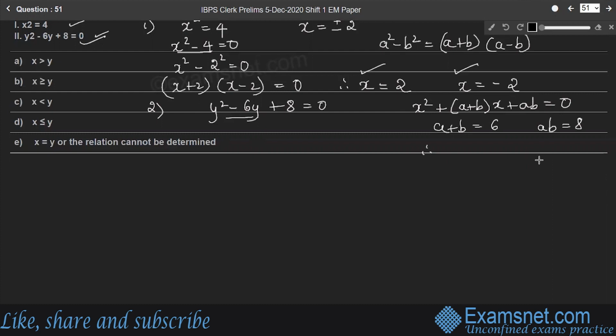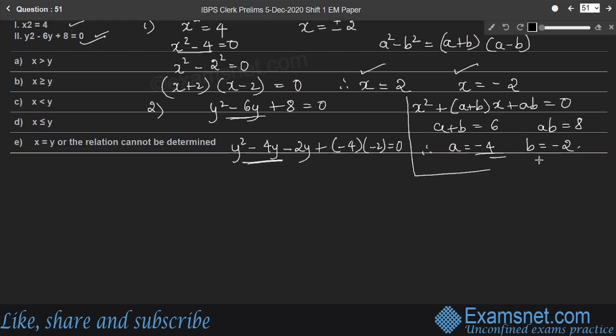Therefore, possible values of a and b are a is equal to minus 4 and b is equal to minus 2. Right? Therefore, y square minus 6y, by splitting the middle term, minus 6y can be written as minus 4y minus 2y. Plus 8 can be written as minus 4 into minus 2, is equal to 0. Right?